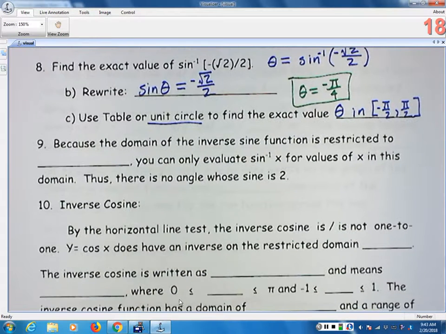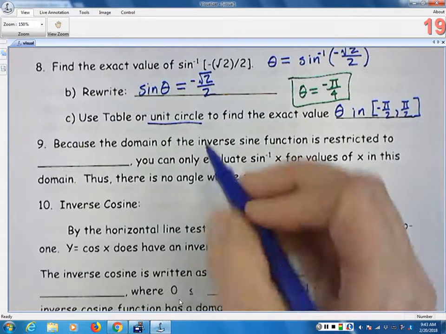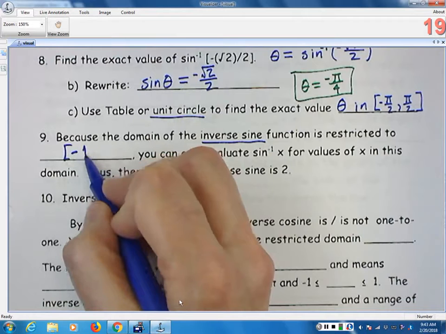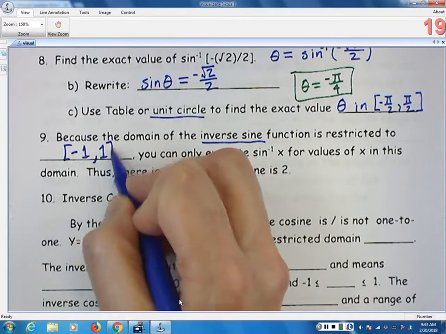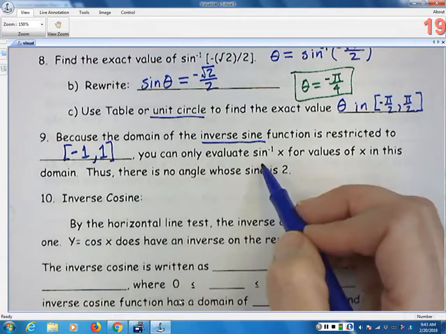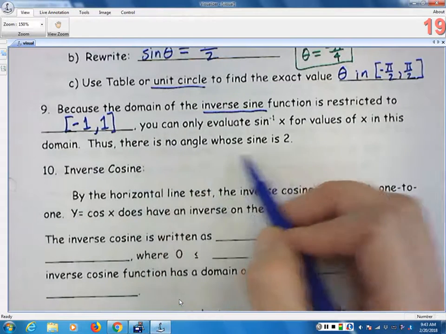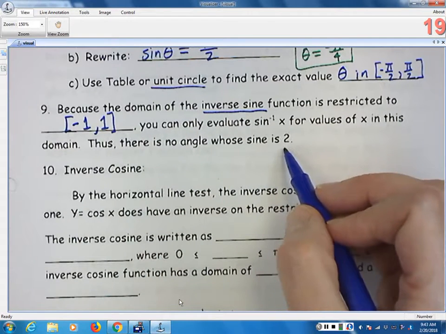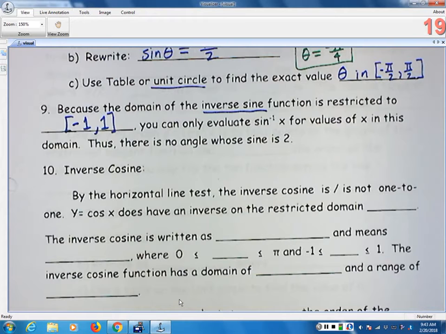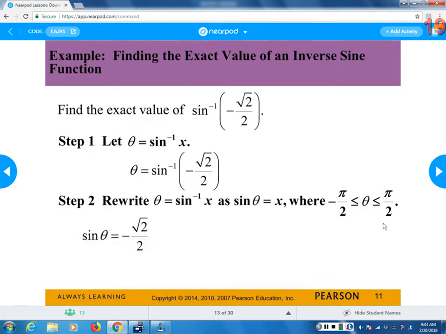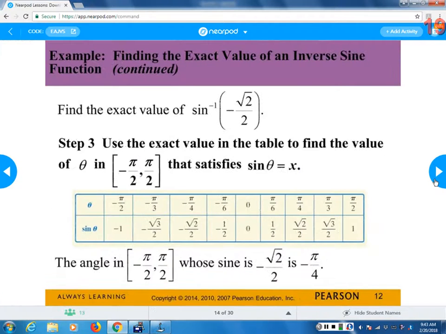Because the domain of the inverse sine function is minus 1 to 1, you can only evaluate inverse sine x for values of x in this domain. So there is no angle whose sine is 2. You're not going to find that. No angle has a sine more than 1 or less than negative 1. And that's what the table is showing you.